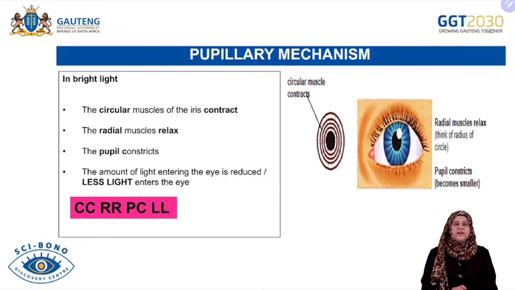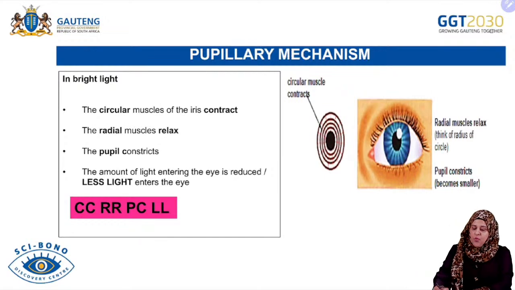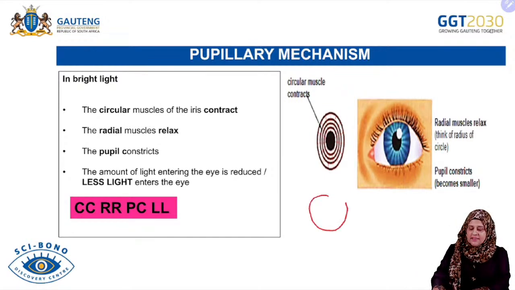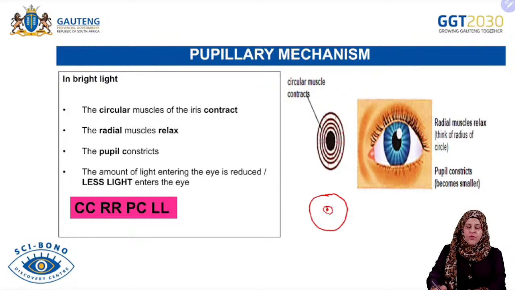Right, so how does our eye function? Let's look at bright light. When we look at bright light, the circular muscles of the iris contract. Now, the iris is made up of circular and radial muscles. So what do I mean by circular and radial muscles? If you think of a circle, and there's a point in the center, we'll make it a little circle, so that looks like it's our pupil.